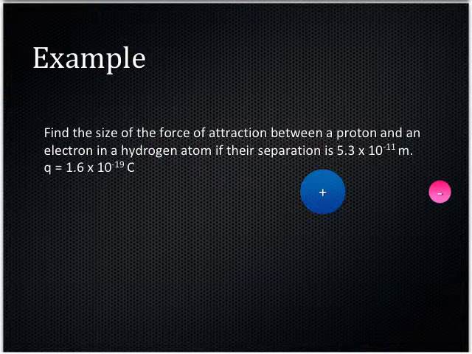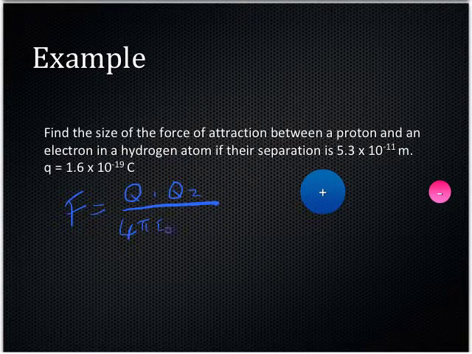So for example, find the size of the force of attraction between a proton and an electron in a hydrogen atom if their separation is 5.3 times 10 to the minus 11 meters, and that's your normal charge on a proton or electron. So simply just putting it in, F equals Q1 Q2 over 4 pi epsilon naught r squared.